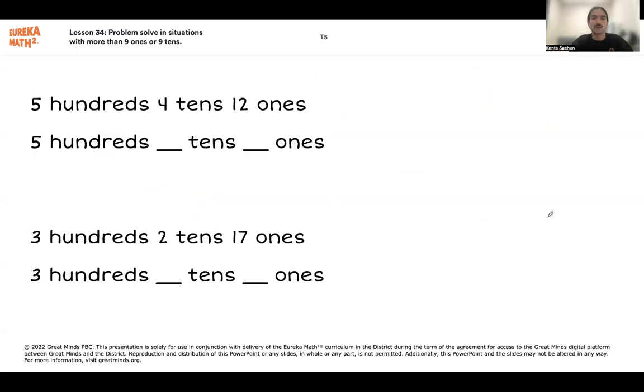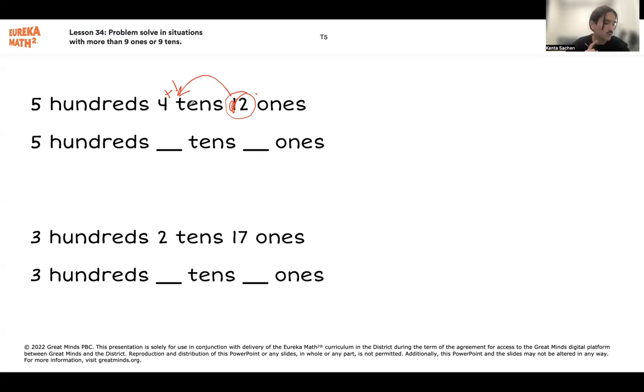Are we seeing what we're doing? Let's look at a couple more examples. For example, 5 hundreds, 4 tens, 12 ones. 12, that's more than 10. So what we can do is take 10 away. What's 12 minus 10? Yeah, it's 2. We're going to get 2 left over. So we take this 10 and add it to the tens here.